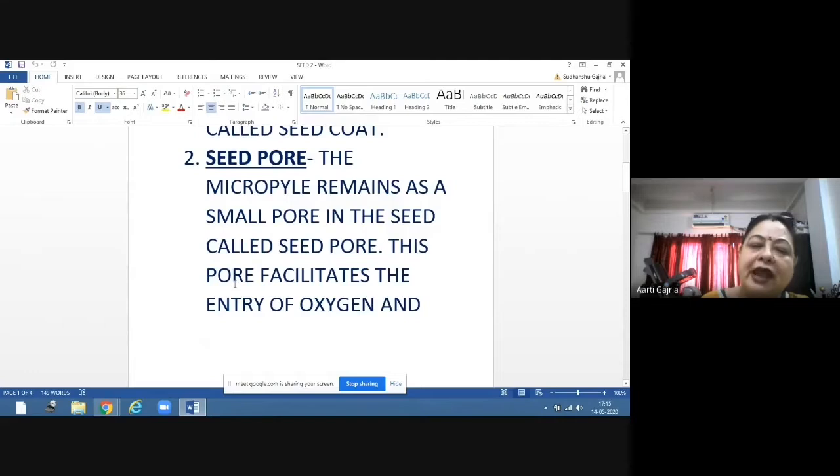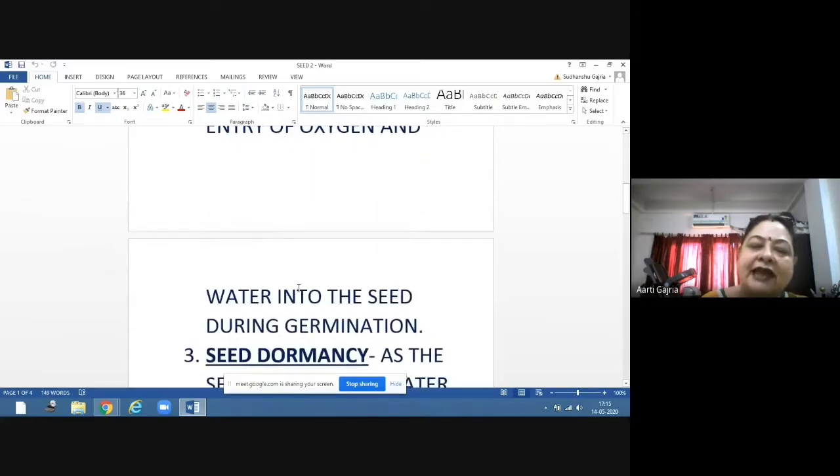This pore facilitates the entry of oxygen and water into the seed during germination.